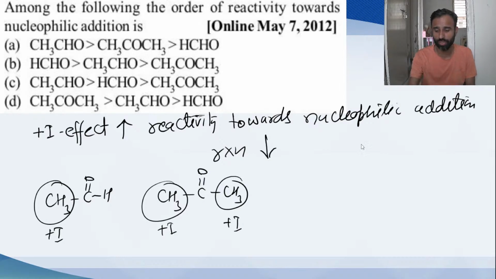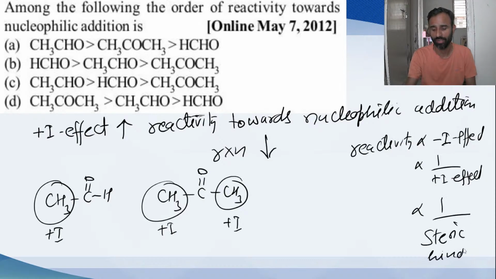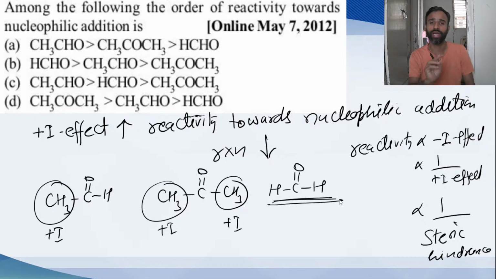Its reactivity is proportional to minus I effect or minus R, withdrawing, and inversely proportional to plus I effect and to steric hindrance. The last one is formaldehyde. Obviously formaldehyde is most reactive because it has no group releasing electrons towards CO. That's why it is most reactive.